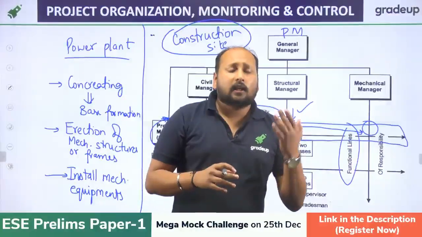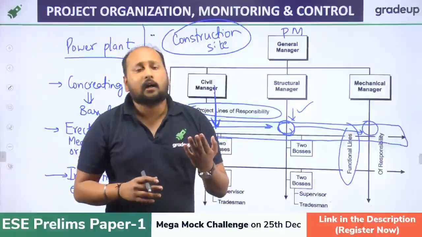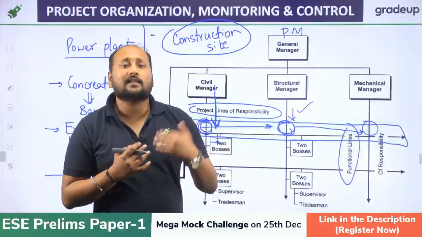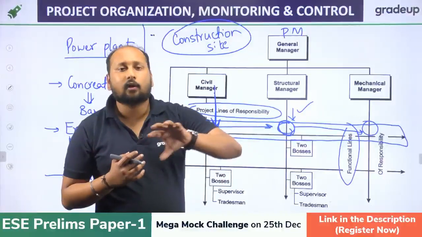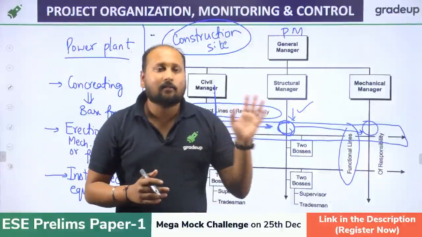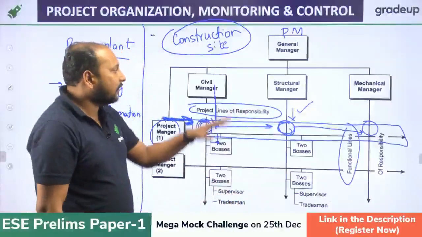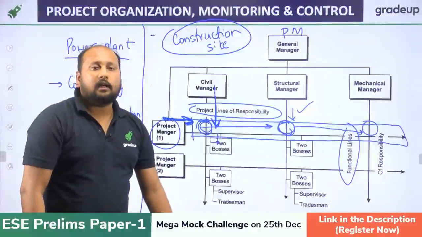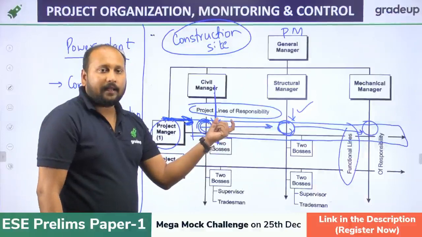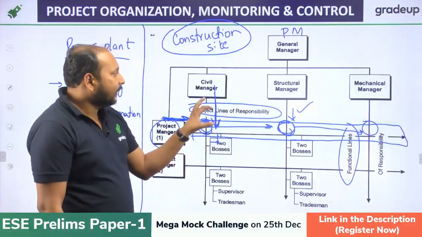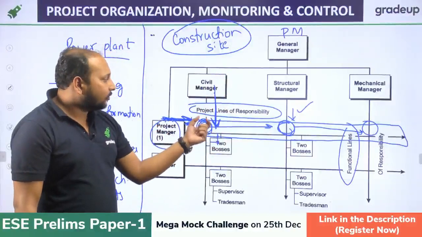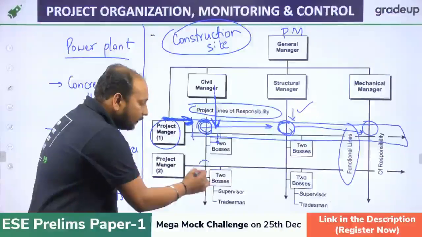Like nowadays we are having an ash silo plant, which is used to recycle the ash from the coal so that the pollution level is decreased. So basically the civil manager is not at all free until every civil work is done. I have taken only a single example. It's not like that if a civil manager has completed his work, he will be free. Then that civil manager will be talking about the second project.